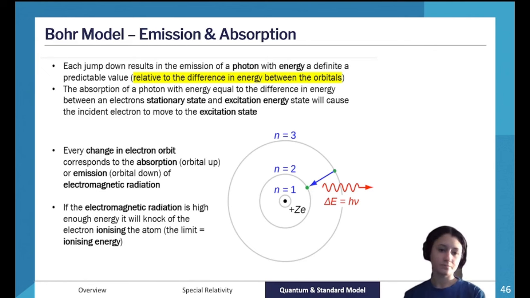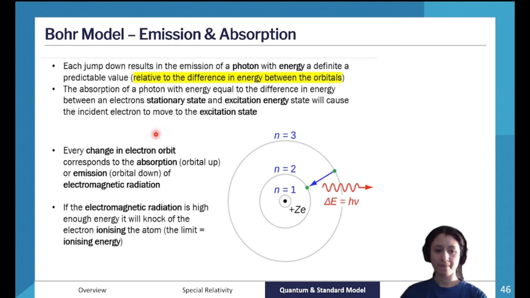So, when an electron jumps down an orbital, it loses energy, which is equal to the difference in the energy states, all right? So say it has a certain amount of energy here. If it jumps down, so it has 3 energy here and 2 energy here, it emits 1 energy. Got what I mean?